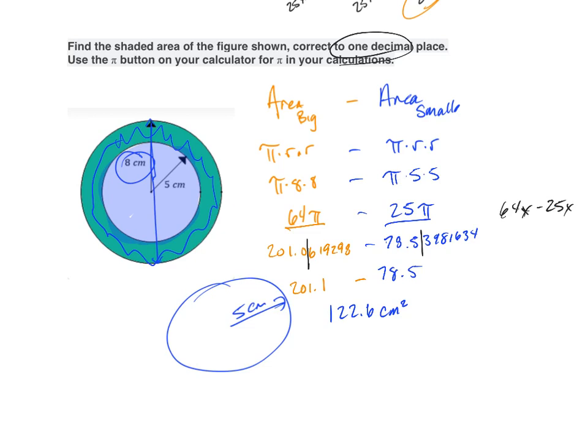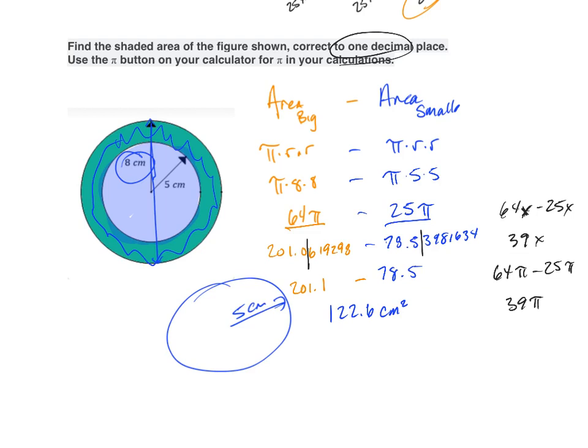Well, really what we're saying is we're going to subtract 64 minus 25, which is 39. So we have 39x, right? Well, instead of x, we have pi. So 64 pi minus 25 pi is going to be 39 times pi.